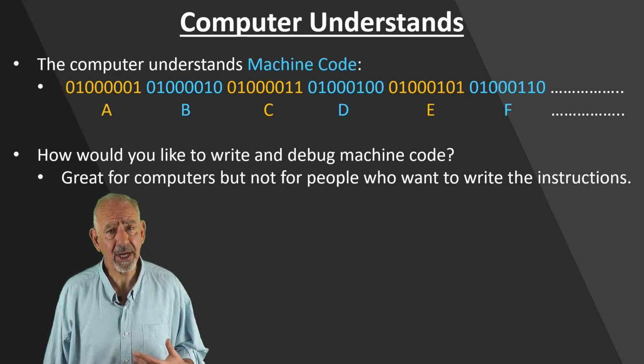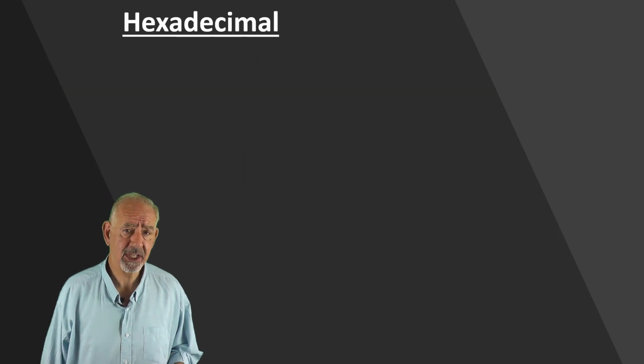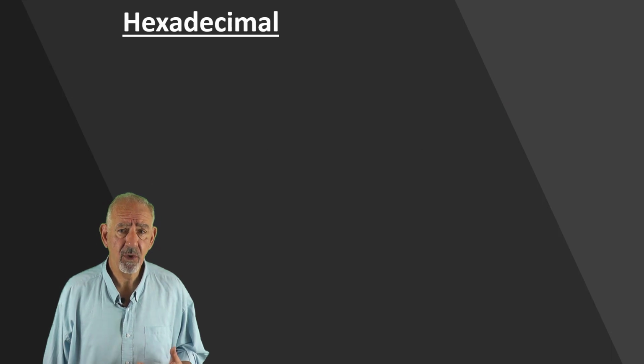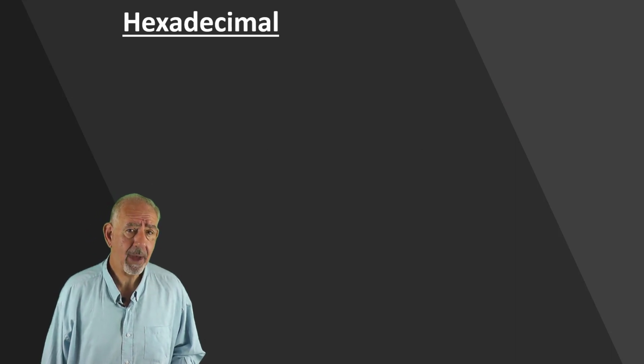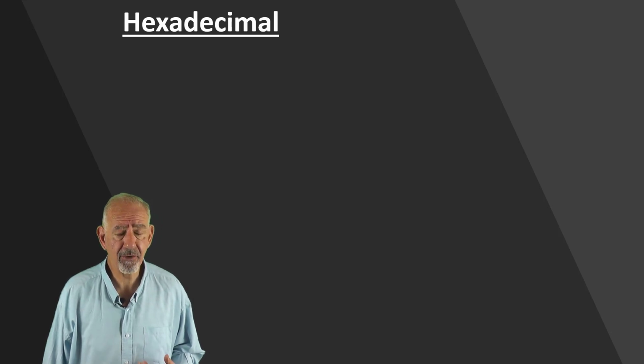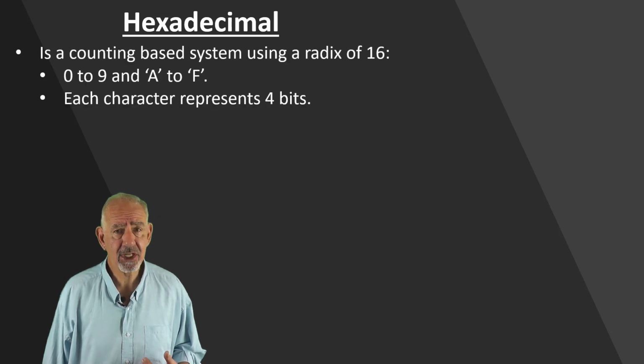Now, we used to write code using pretty much hexadecimal, and assembly language instructions usually are written with hexadecimal. So what's hexadecimal? Well, we've talked about binary, we've talked about putting things into bytes, and we looked at the binary numbering system. Hexadecimal is a counting system based on 16.